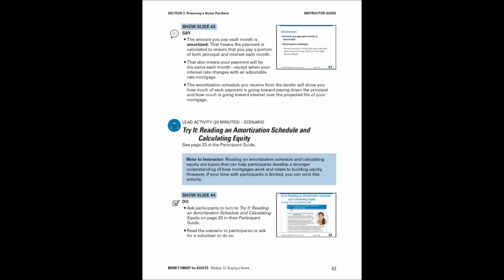Now, here's what's interesting. Our next activity gives an opportunity for the participants to actually go through an example of reading an amortization schedule so that they can calculate equity and determine how they can actually increase their net worth by simply paying down their mortgage. And so how to calculate that is really made obvious here in this particular activity.